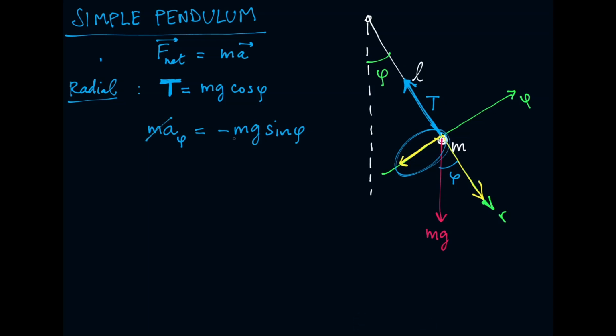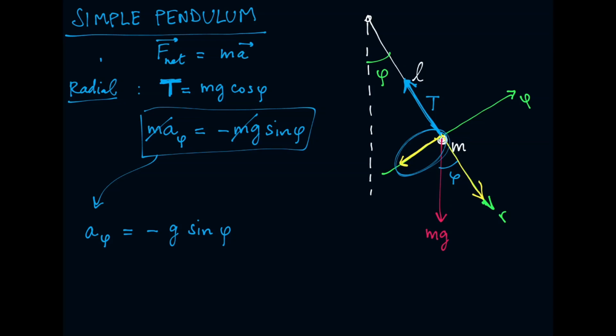So removing this m, cancelling out or simplifying, what I'm left with is that the acceleration in the phi direction is minus g sine of phi.